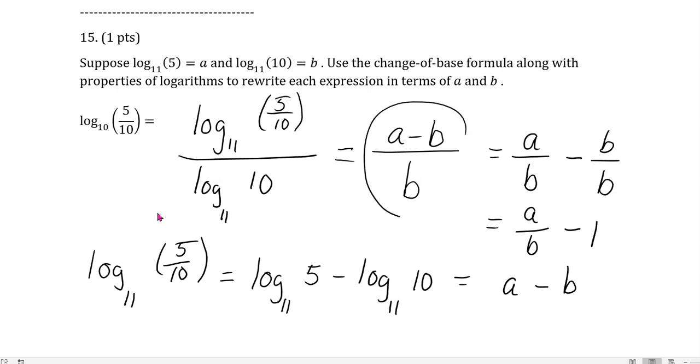On an exam, I would take either that solution or that solution there as your solution to this problem.